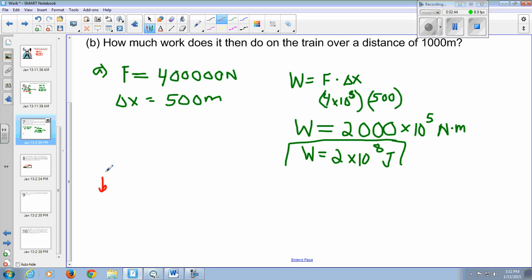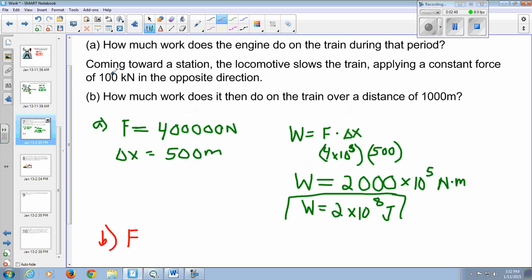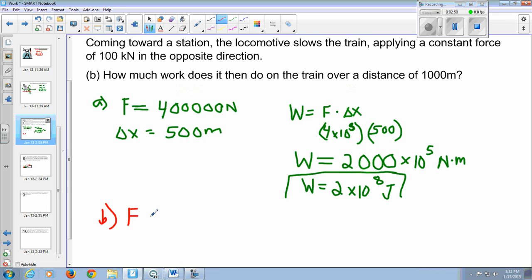Part B, our force is equal to 100 kilonewtons, and it's in the opposite direction. So we've got a negative 100,000 newtons, and I'm only converting it to newtons to put it into units that we're a little more used to.